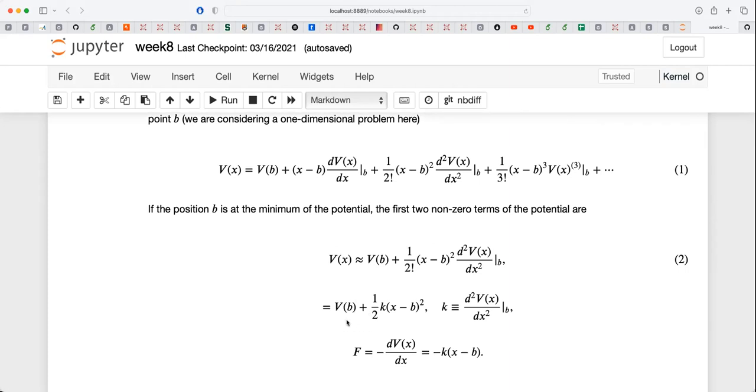It is just a constant, which means that when we take the derivative with respect to x, this term disappears. Then we are simply left with minus k times x minus b. Often we would scale the point b to be equal to 0, and that means we just have minus k times x. That is something which we derived last week.